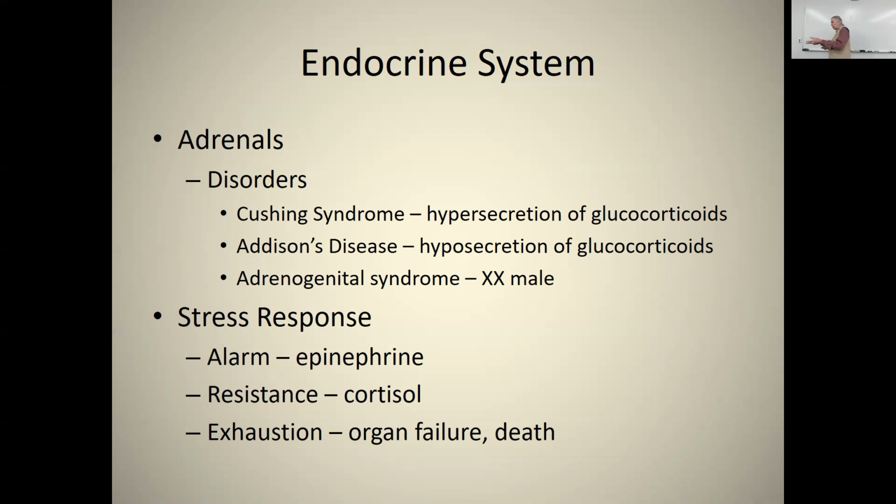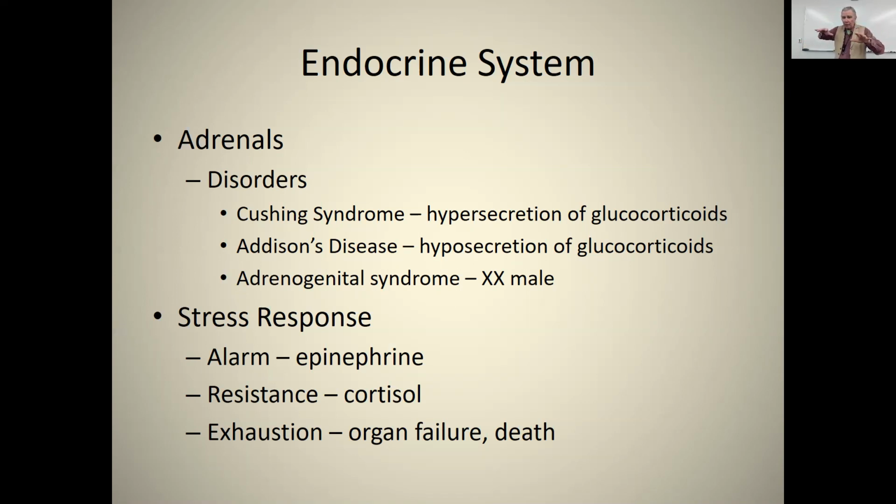Okay, so the stress response. The adrenal glands are really a stress gland, either for immediate stress, for the hormones secreted by the adrenal medulla, or longer-term stress for cortisol. And this is called the stress response. So the alarm response, the initial, is epinephrine.